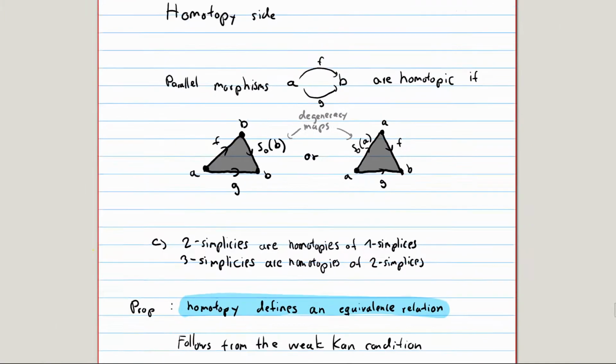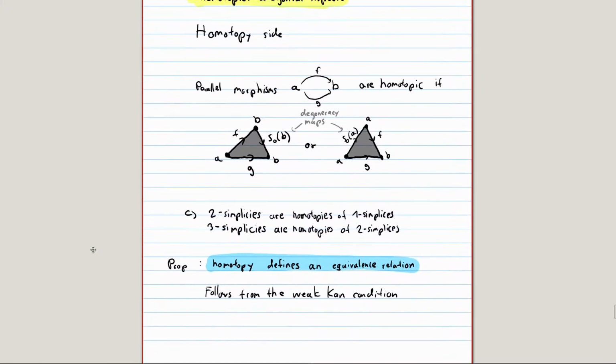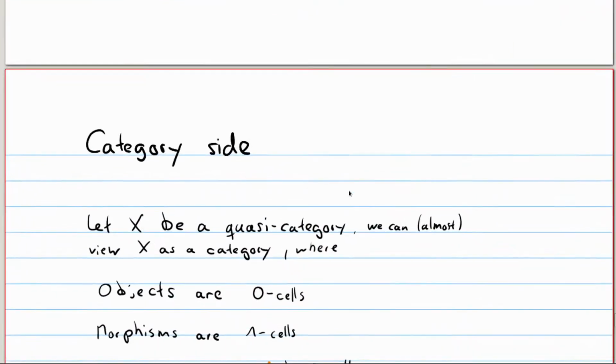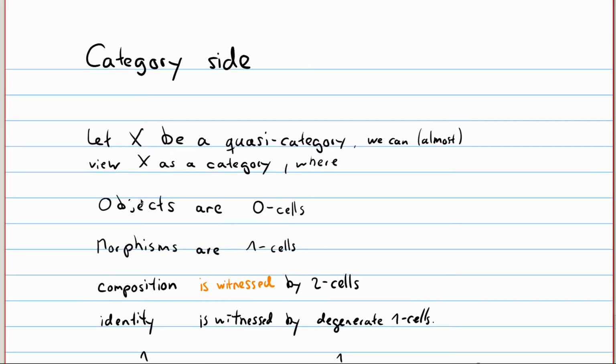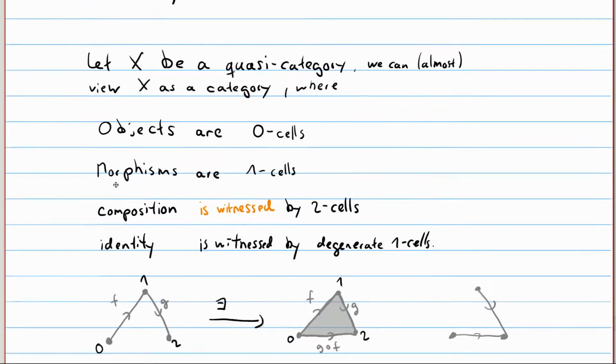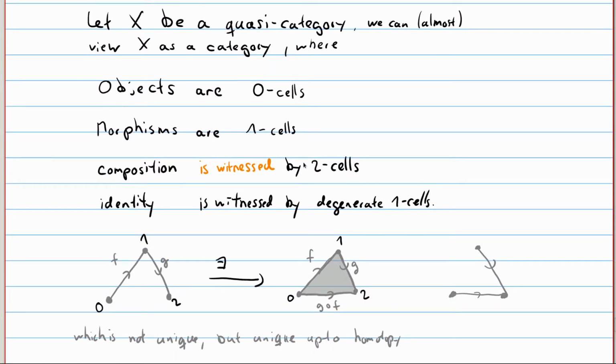So this was the homotopy side of things. We can do homotopy with quasi-categories, but also we can do category theory. If you're given some quasi-category, then we can view it as a category in a certain sense: we define objects to be its zero cells, its morphisms to be its one cells, and composition is then witnessed by two cells.